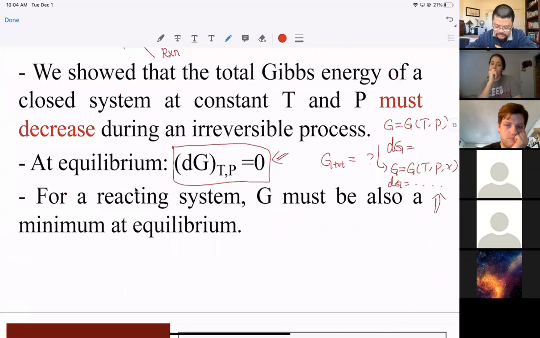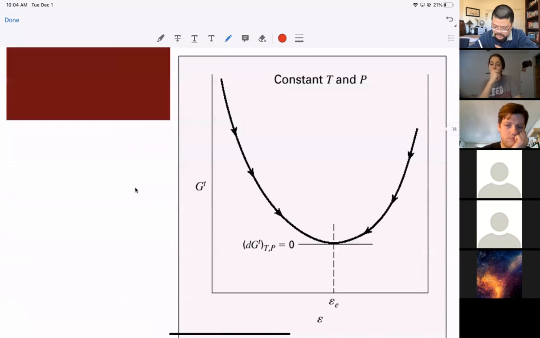So the answer I'm going to copy, well, this is basically the mathematical expression to show you that if you try to plot the total Gibbs energy and its change as a function of the reaction. So this is a reaction coordinate, this is 0, this is 1, then this is the initial.